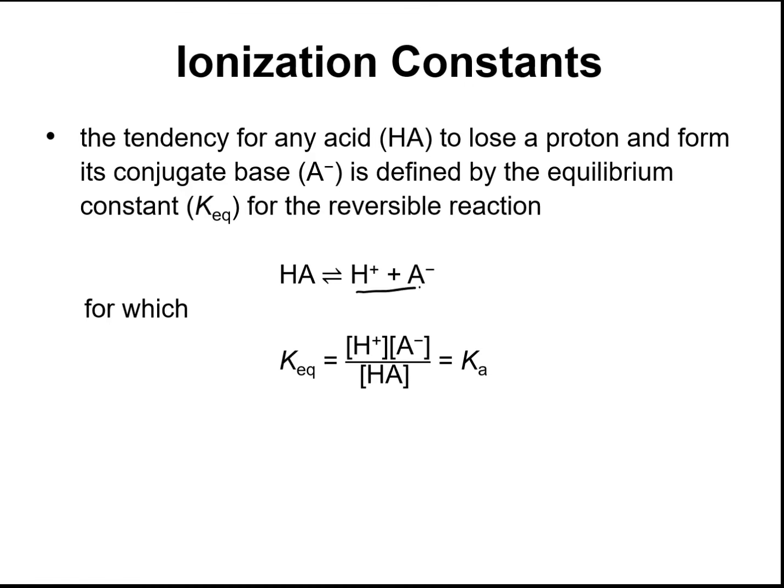We're going to take our products, put those at the top, the numerator, the reactant, the acid, goes on the bottom. And this KEQ, we also call acid dissociation constant. So when we're talking about weak acids, you'll see Ka, and that means acid dissociation constant.